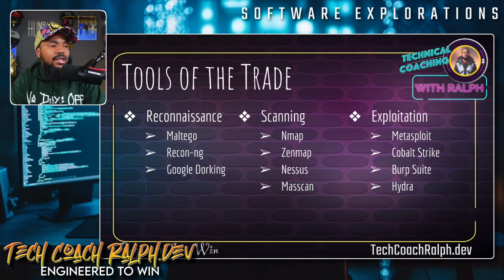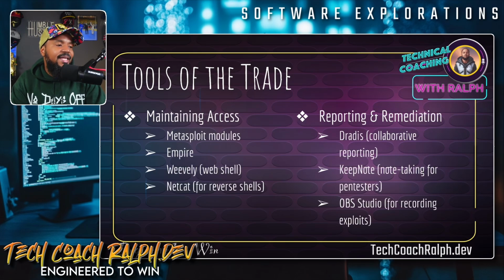So W3AF. And then for password cracking, we have Hydra, and John the Ripper. Yes, John the Ripper is a password cracking tool. We have Hashcat. And then for custom scripts and payloads, we have MSFvenom, the Metasploit payload generator, and we have Python scripts.